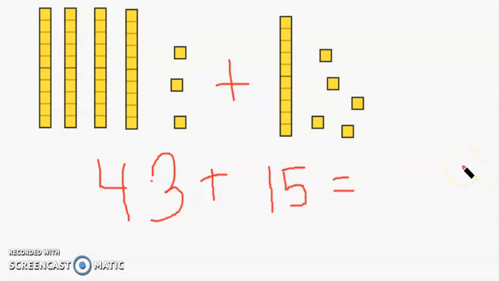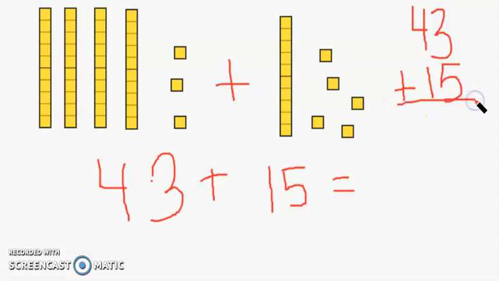So to find the answer, or the sum, of this problem, I can use place value blocks. I can count how many ones I have altogether and how many tens I have altogether. I'm going to give you a minute to figure that out. Some of you like to write it this way, and then add it.